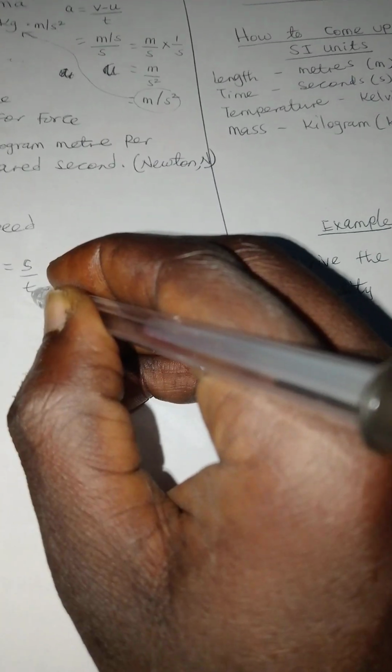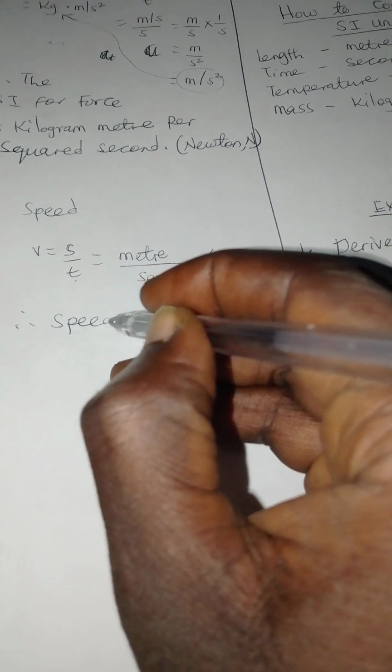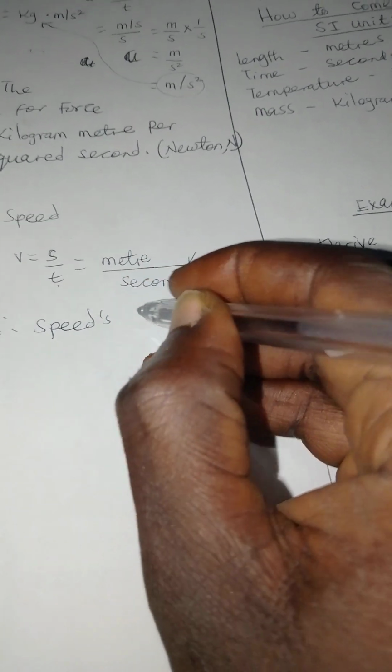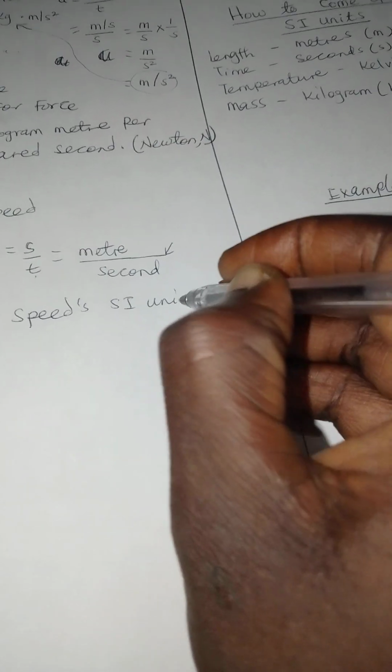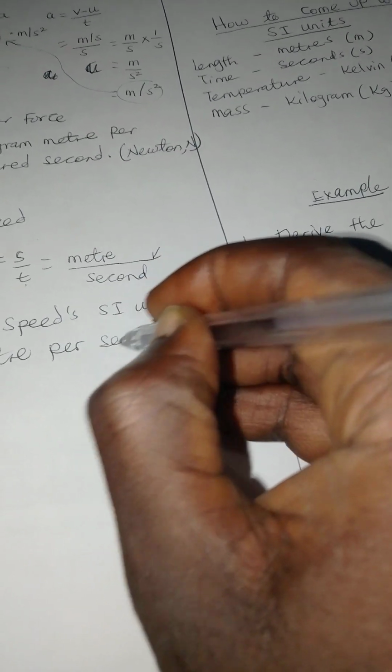The distance is the same as the length, so it means it is meter, then over, what is the SI unit for time? We know it is second. Again, we know this line means per. It means that therefore speed's SI units are meters per second.